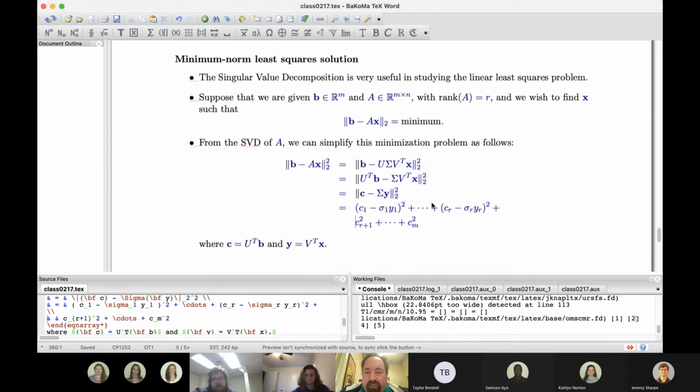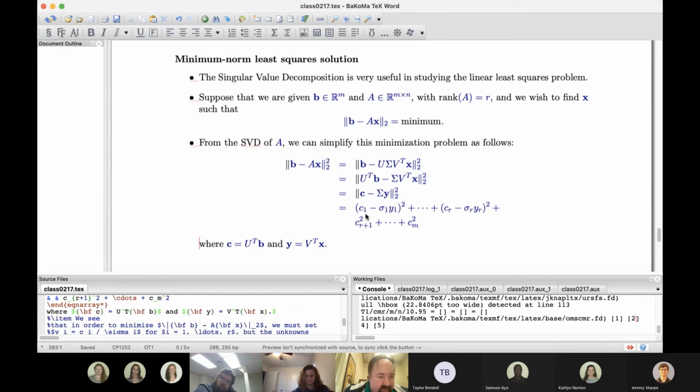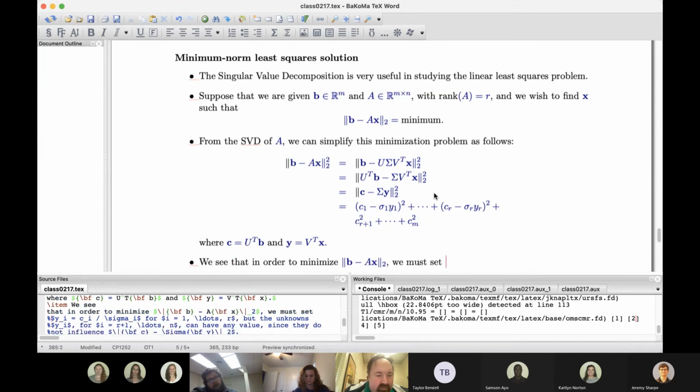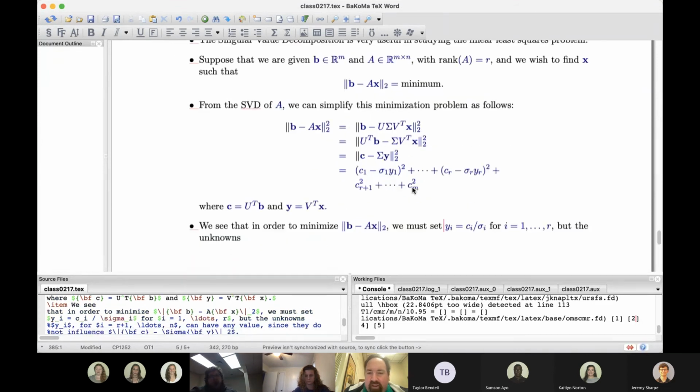So the thing is, I want to make this as small as possible. Since it's a sum of squares, to make it as small as possible, if you can make any elements equal to 0, then that's what you want to do. So to minimize this, I can choose y, because y is my unknown.